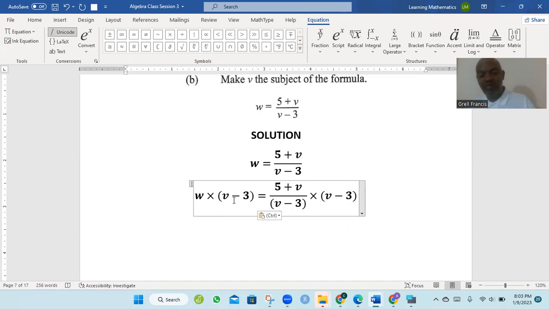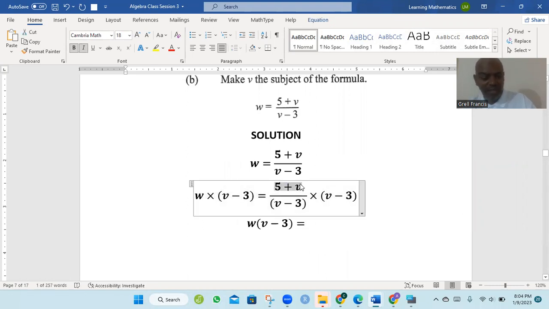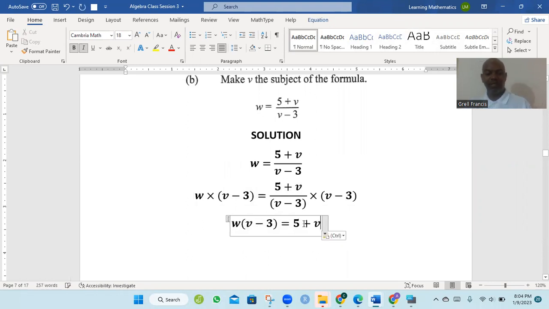We have to multiply by V minus 3 on the left to cancel out V minus 3 that is below there. So therefore now, we have W times V minus 3. On the left, we can take out the multiplication sign. And what is on the right is only 5 plus V, because remember, we cancel out V minus 3 from the denominator.